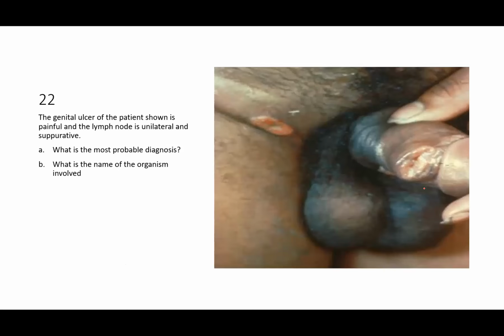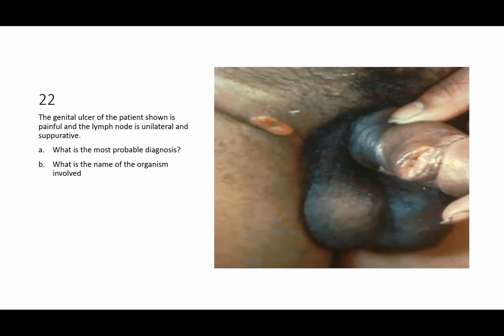The genital ulcer of the patient shown is painful and the lymph node is unilateral and suppurative. What is the most probable diagnosis? You can see there's an ulcer there, and that ulcer is painful, and there is a unilateral suppurative lymph node draining that side.